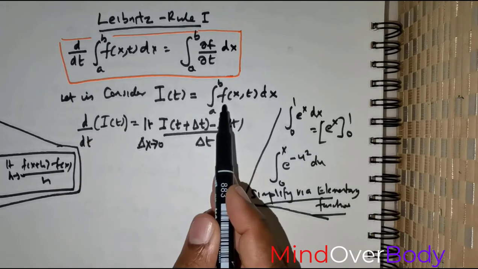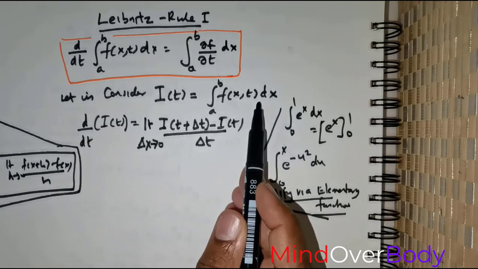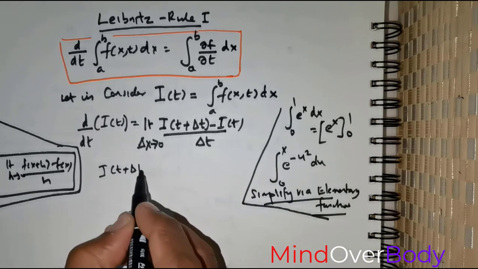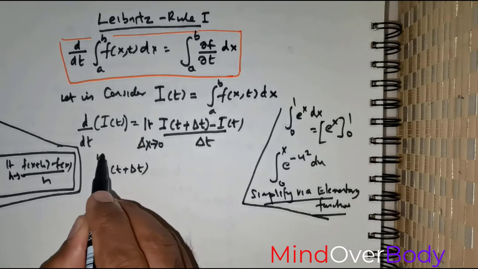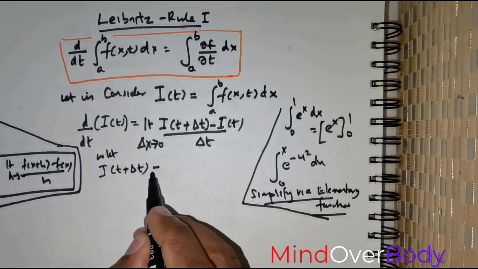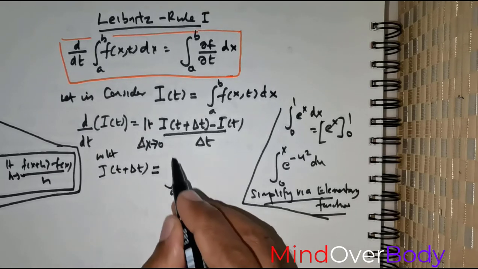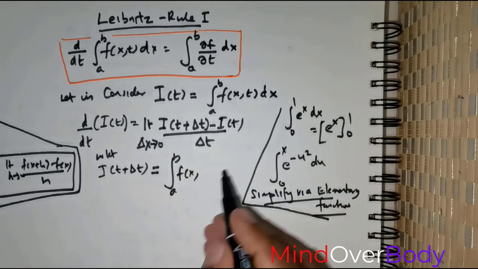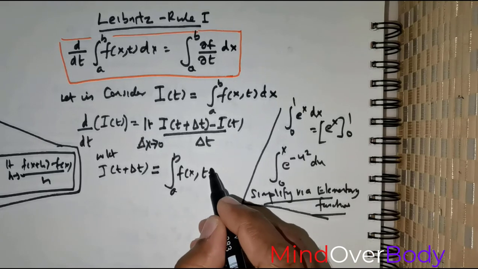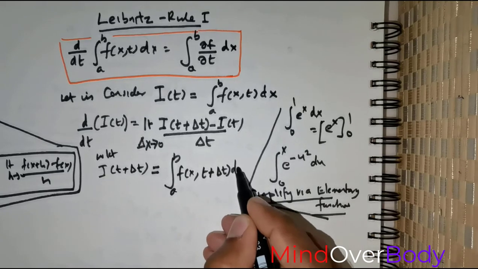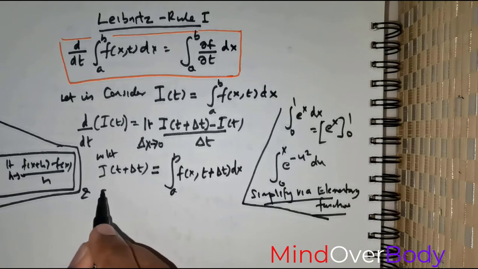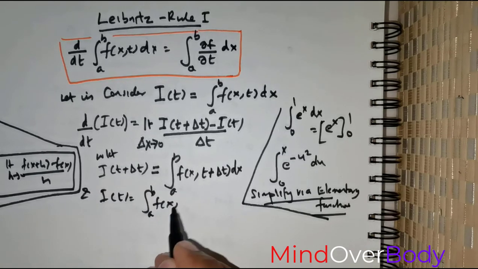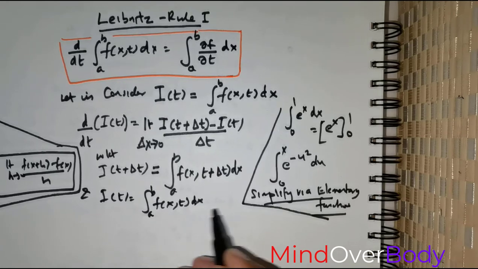Now I of t is the integral from a to b of f of x comma t dx. So what is I of (t plus delta t)? Let me write this down. We know that this is going to be equal to the integral from a to b of f of x comma, in place of t, t plus delta t, times dx, and I of t is the integral from a to b of f of x comma t times dx.